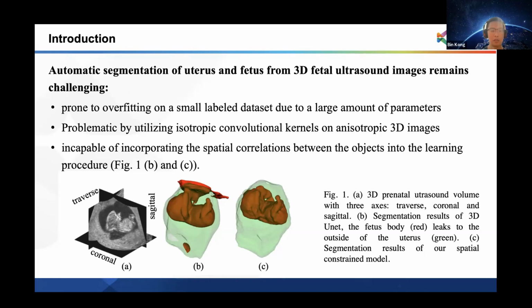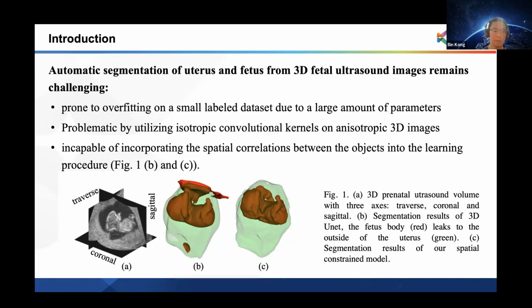Right now we usually use 3D convolutional neural networks to do the segmentation, and with a large 3D convolutional neural network, it's really easy to overfit a small data set, right?